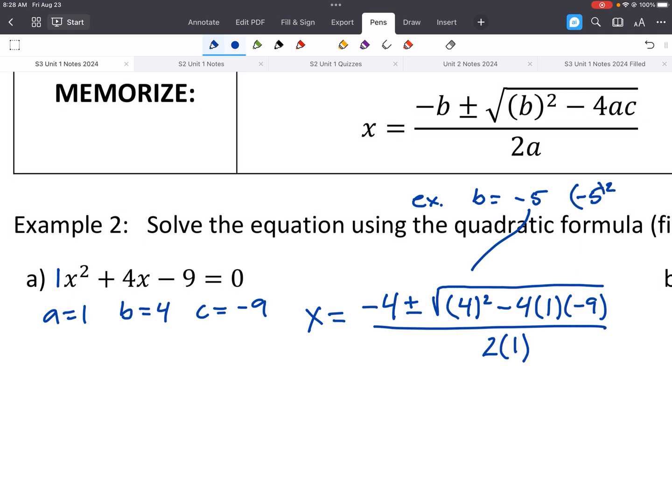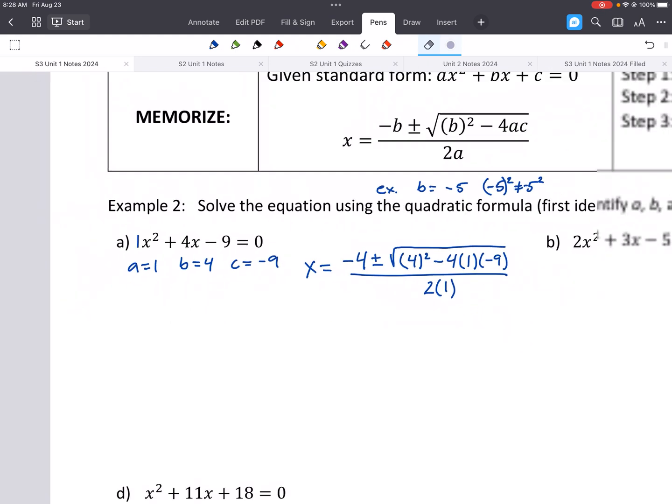So it's important, this is not the same as this, okay? So make sure you use parentheses. Also, sometimes people will forget if we were to plug that in here. Remember, it's -b, so -5. Okay, so that's just, again, as an example. We'll see, maybe we'll run into a problem that has b equals negative.